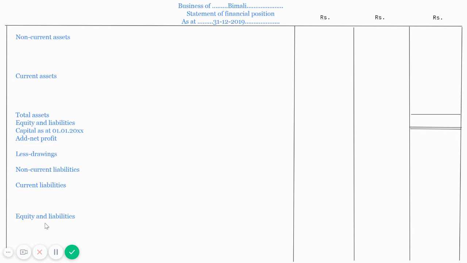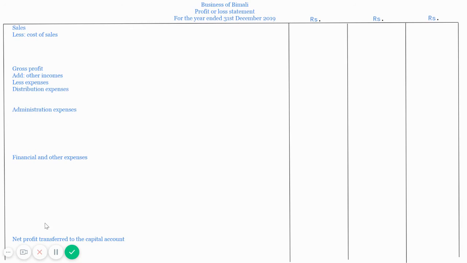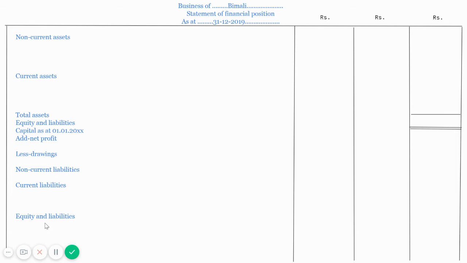So what you must do is, after you have drafted the two formats like this, which I have given in blue, then you have to go to the sum again.